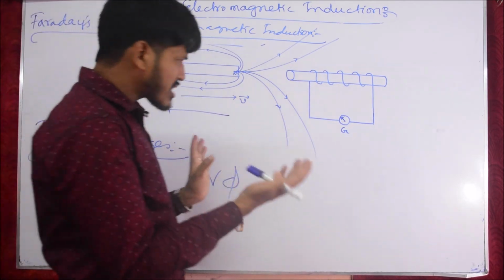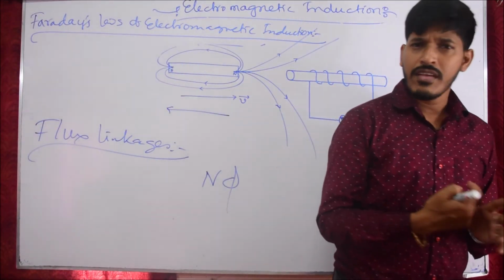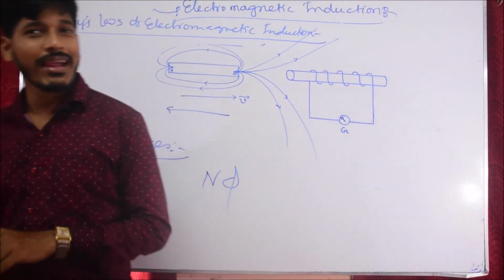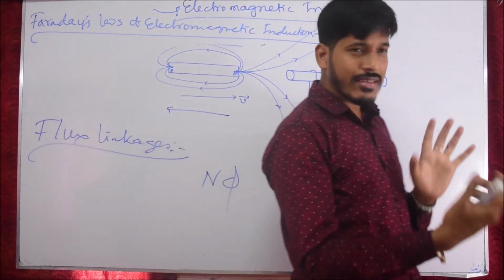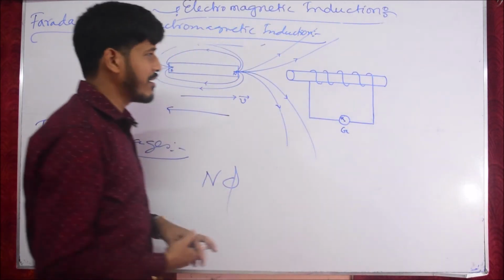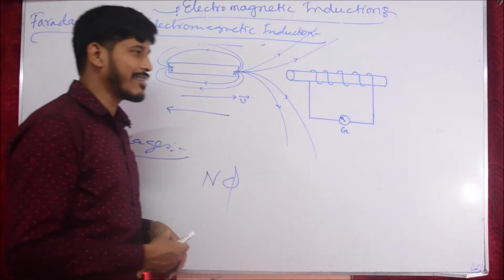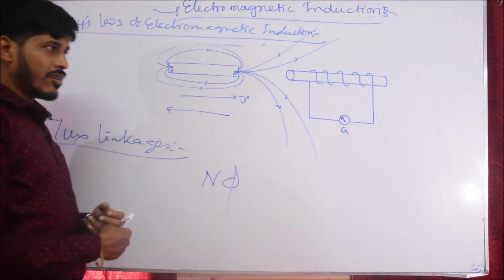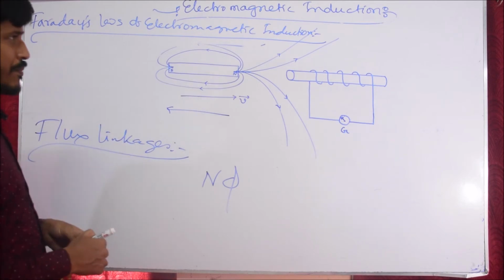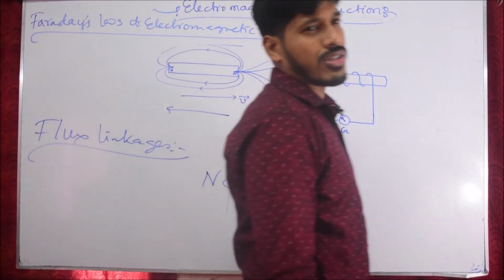So, to describe this phenomenon of electromagnetic induction, that there is a generation of induced EMF and hence induced current due to the change of magnetic flux. To explain this phenomenon, Faraday introduced two laws.